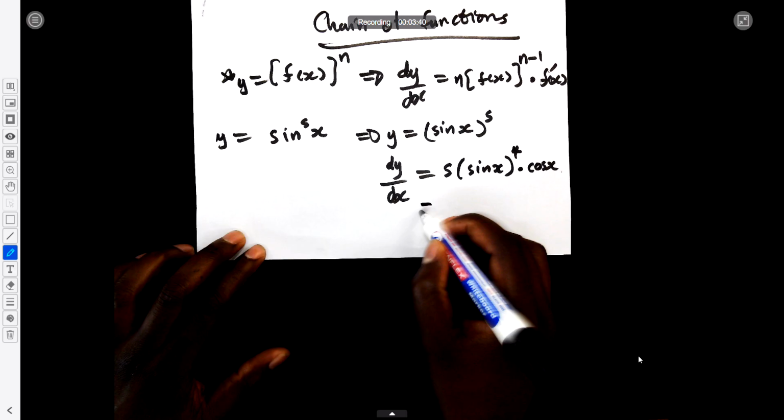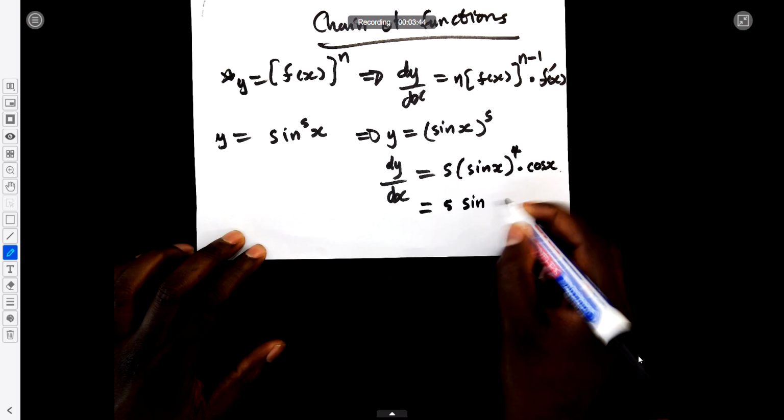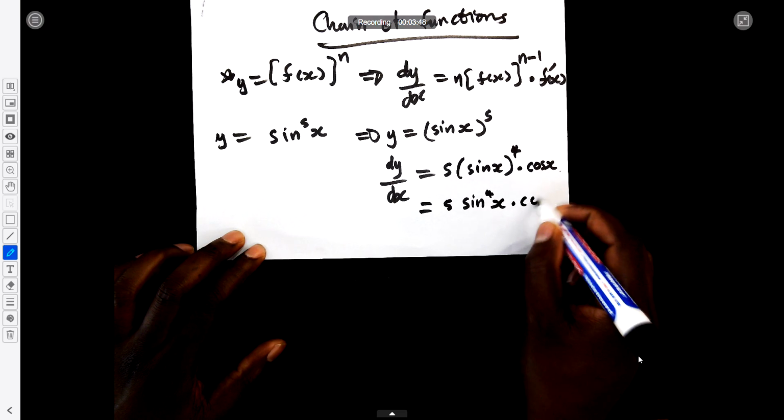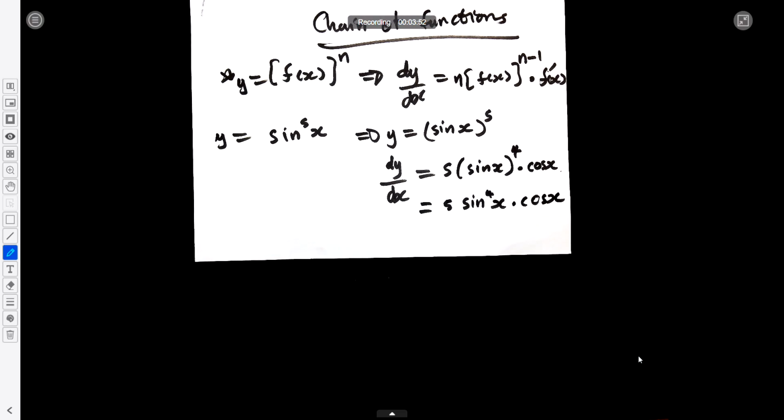But if you are more advanced in solving your problems, you can express it in this way: sine to the power of 4 x times cos x. You can even express it including double angles in it. Having, in fact, half double angles there.